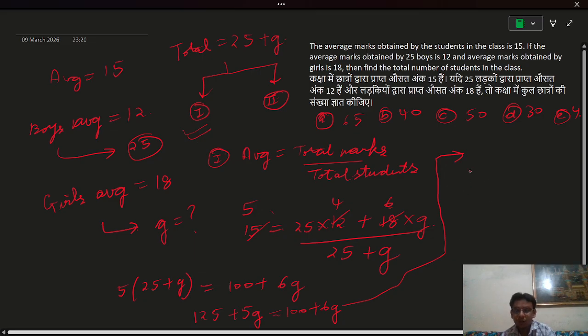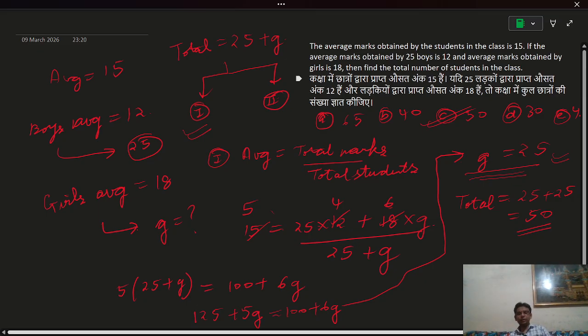Now the value of G becomes 25. So how many girls are there? 25 girls. So total number of students is 25 plus 25, number of boys plus number of girls, which is nothing but 50. Okay, so this is the traditional method using the formula.